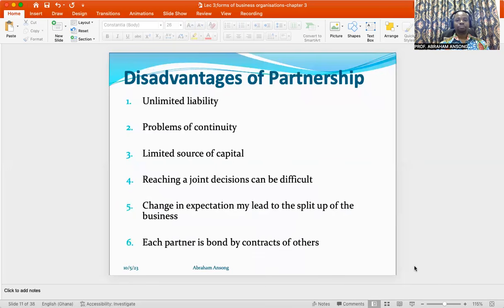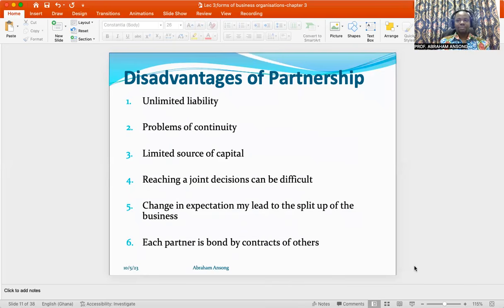Okay, but there are also disadvantages with partnership. Once again, we have to be comparing partnership with sole proprietorship or companies to be able to appreciate these disadvantages. So point 1 is that there is unlimited liability. If we're to compare that with a company, companies have limited liability.